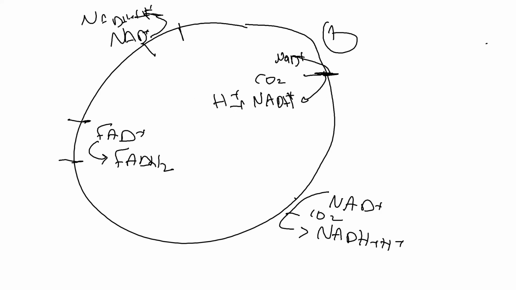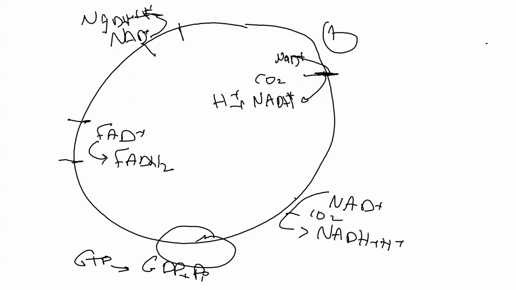Okay, other things you should know: one ATP can be produced at the succinyl-CoA step here. Only one ATP can be produced. Why? Because first it will use a GTP, which will decompose to make a GDP plus one inorganic phosphate.